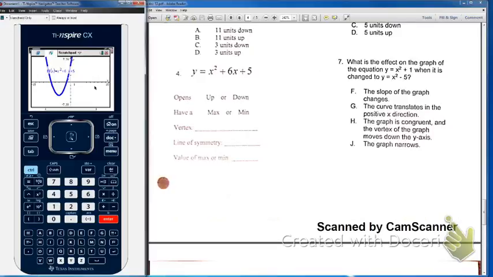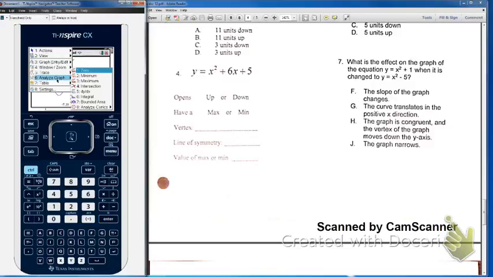Now, do you go ahead and find the vertex now, or wait? Okay, so what do? Menu, 6. And then which one am I choosing? Minimum or maximum? Minimum. Click left, click right. It gives me a coordinate.